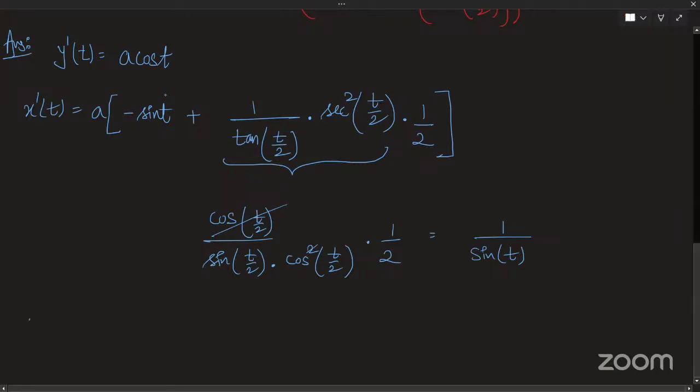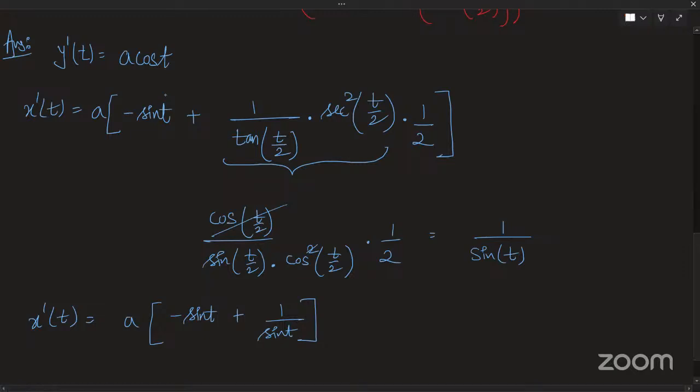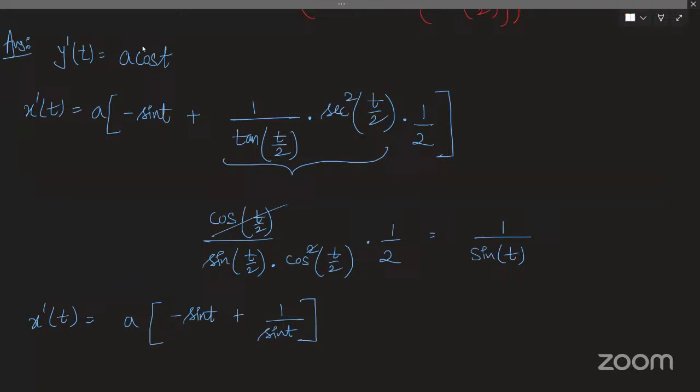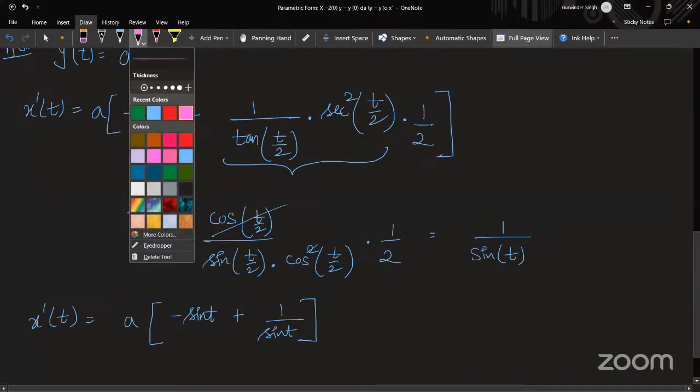So my value of x dash t becomes a into minus sine t plus 1 by sine t, right? Is this correct now, everyone? Yes, sir. Okay.